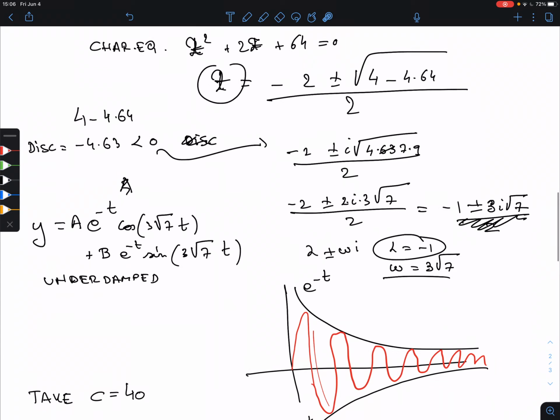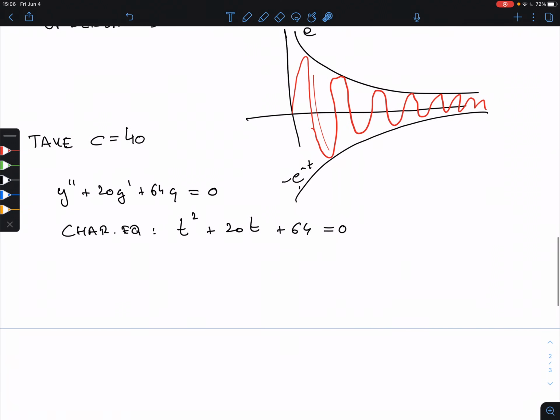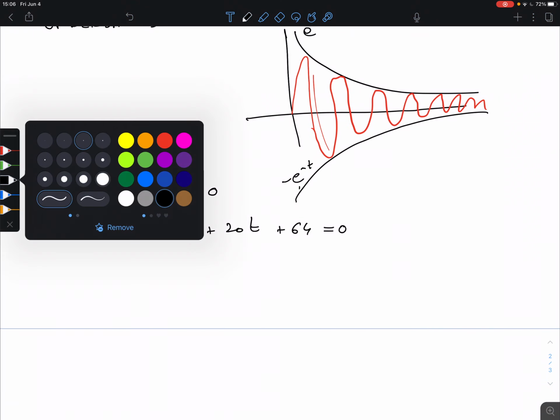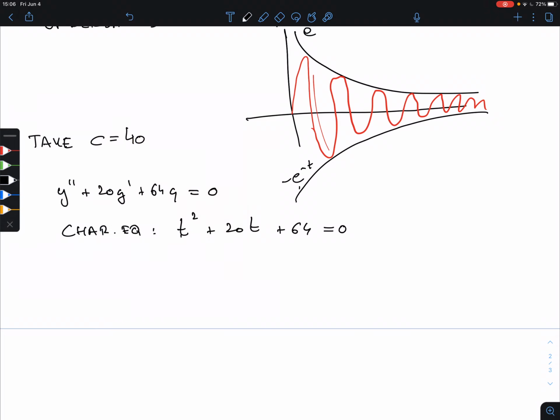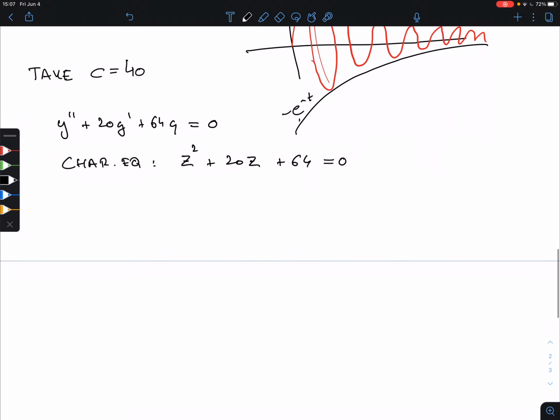So let's use z as a variable for the characteristic equation, just to not conflate with other usage of t. I warned you about that, but sometimes there are so many different things that we have to do. You see, it really is a z. So this is the equation. Now this one can be factored.